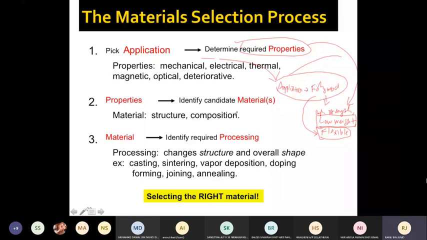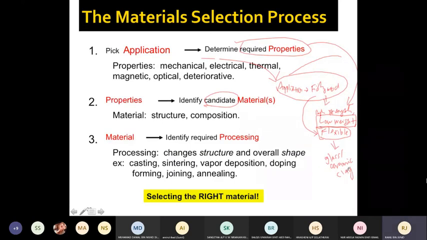And then from the required properties that you have determined, you can identify the candidates. So what types of material can be used to make a fishing rod? Can you make a fishing rod using glass, ceramic, or clay? Kaca, ceramic or tanah liat.